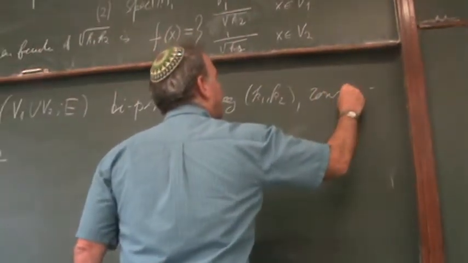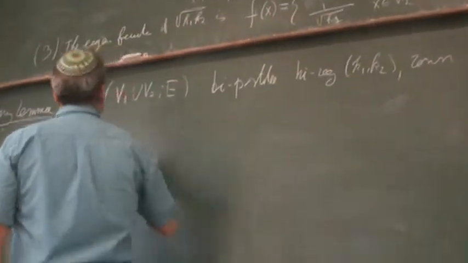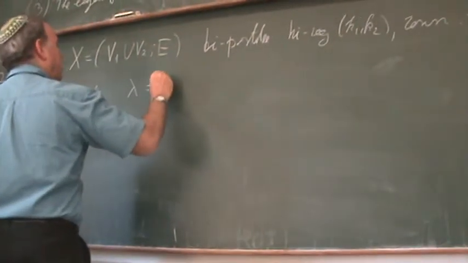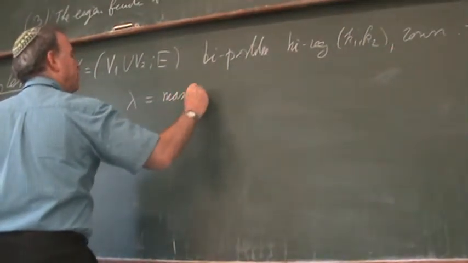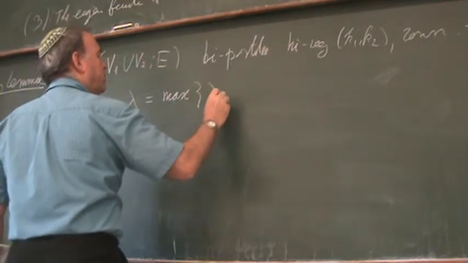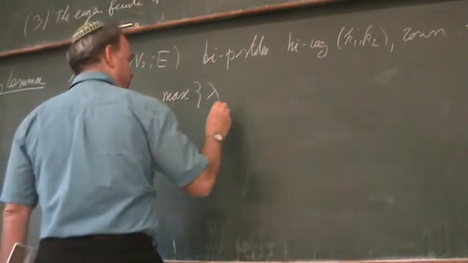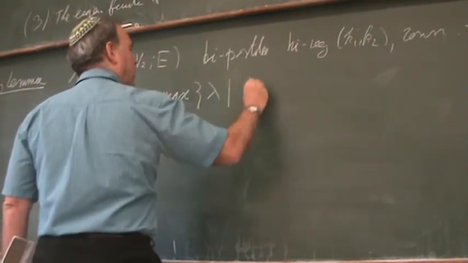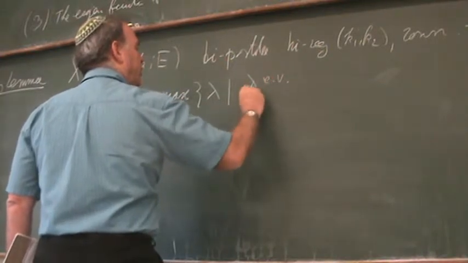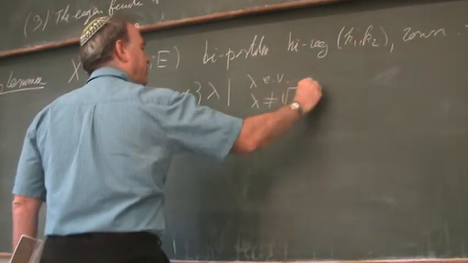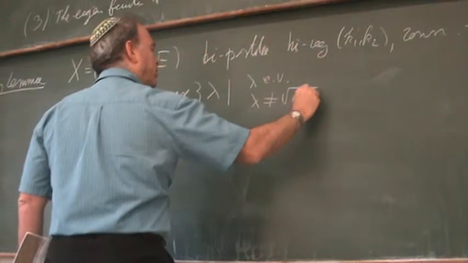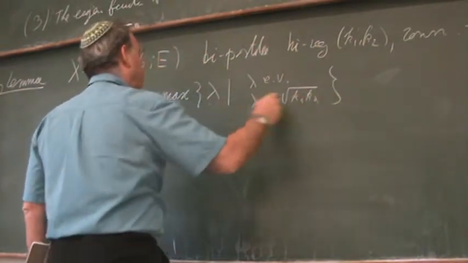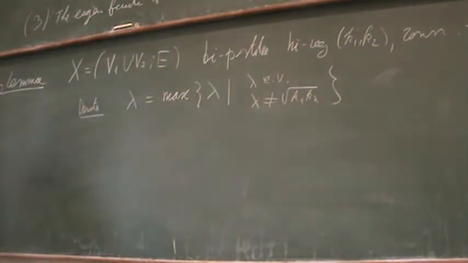I don't want to worry about the non-connected case. Denote by lambda the maximum of the eigenvalues that are not square root of k1 k2. So we are really talking about the second largest eigenvalue.